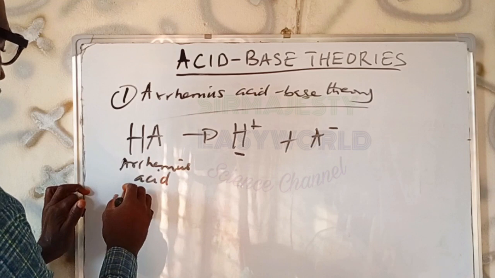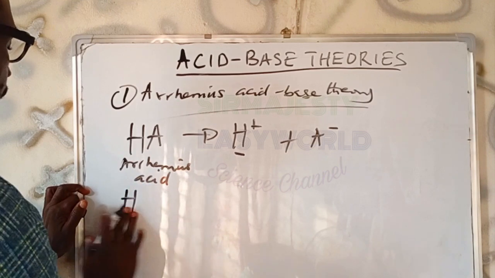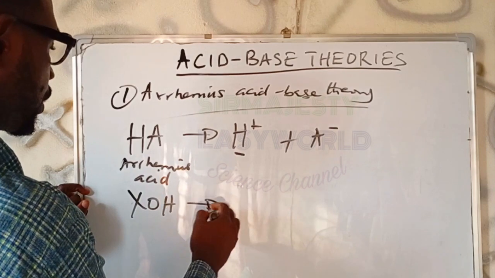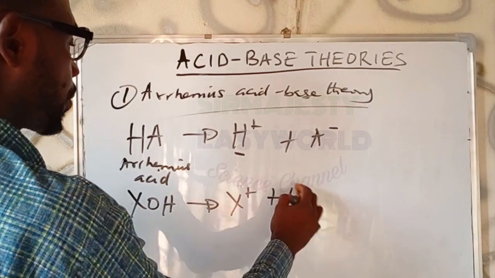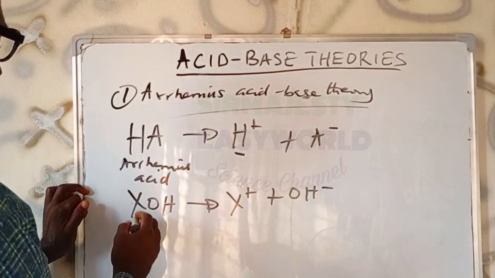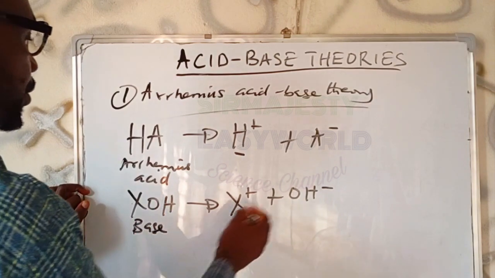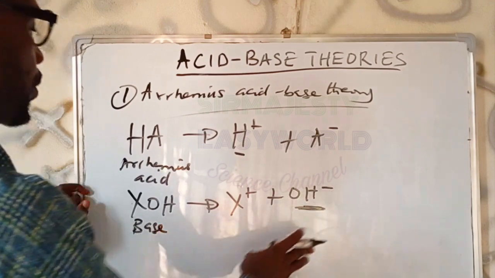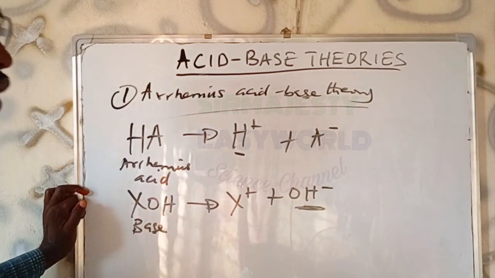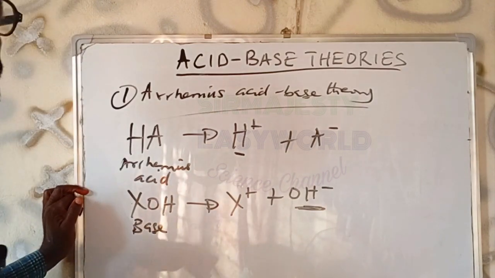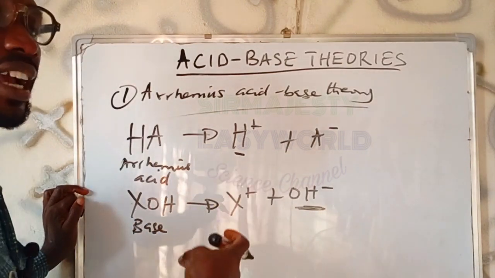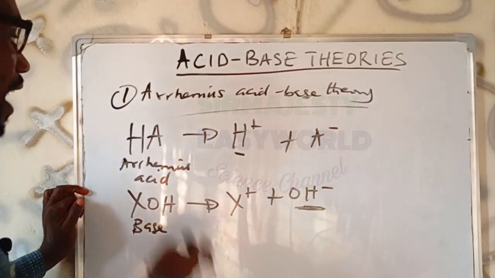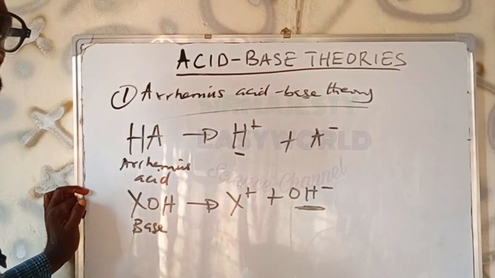And then if we have a compound such as XOH dissociating to give you X plus and OH minus, this is automatically an Arrhenius base. The reason is that the only negative ion is OH minus. So hydroxyl ion as the only negative ion gives you a base, which means according to Arrhenius, bases are sources of hydroxyl ion that add more hydroxyl ion to water, and acids add more hydrogen ion to water.